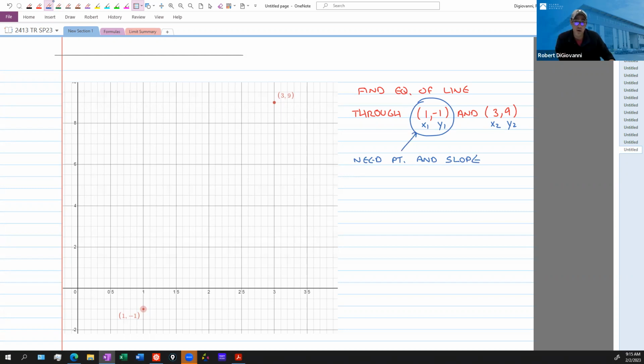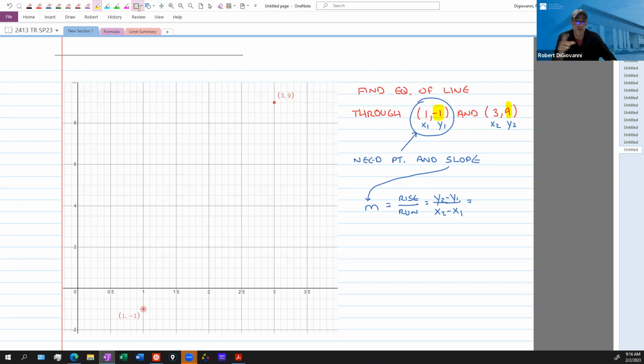Now, to get the slope, we're going to just use the formula rise over run. So the slope is going to be rise over run, which will be y2 minus y1 over x2 minus x1. We get y2, that's the 9, take away y1.